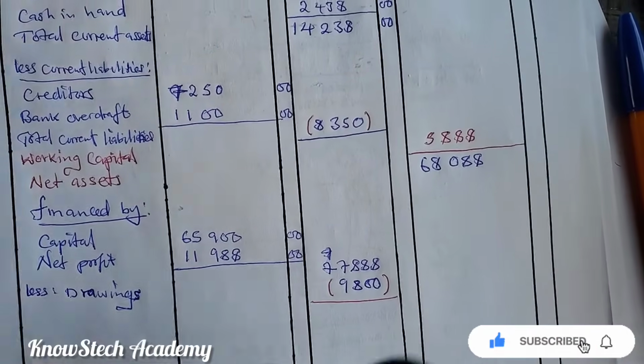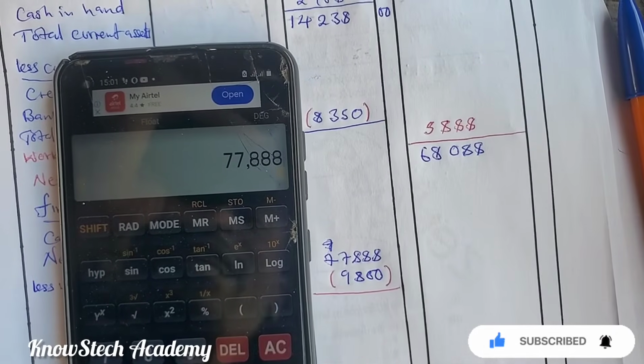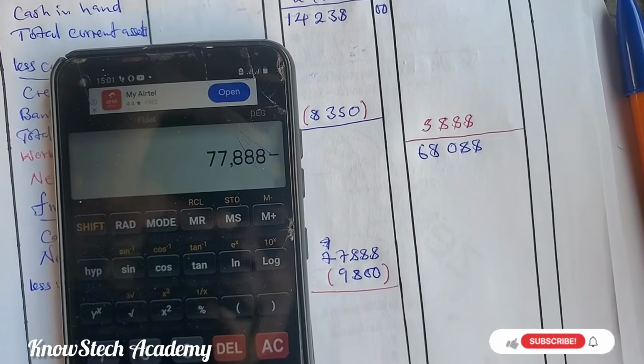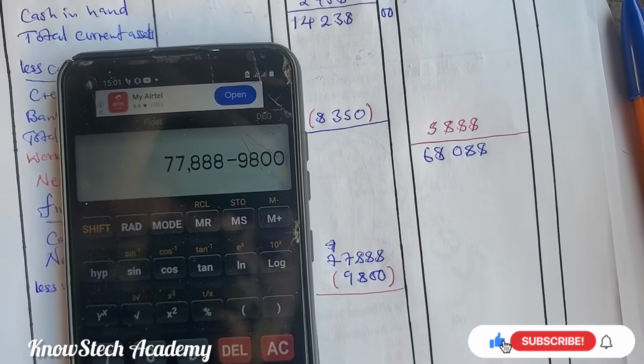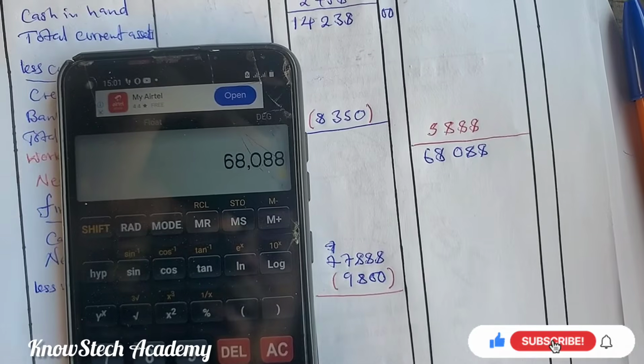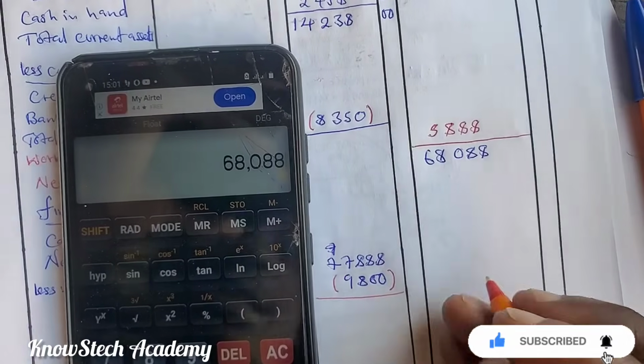Then let's subtract. So this total amount 77,888 minus 9,800 is giving me 68,088.